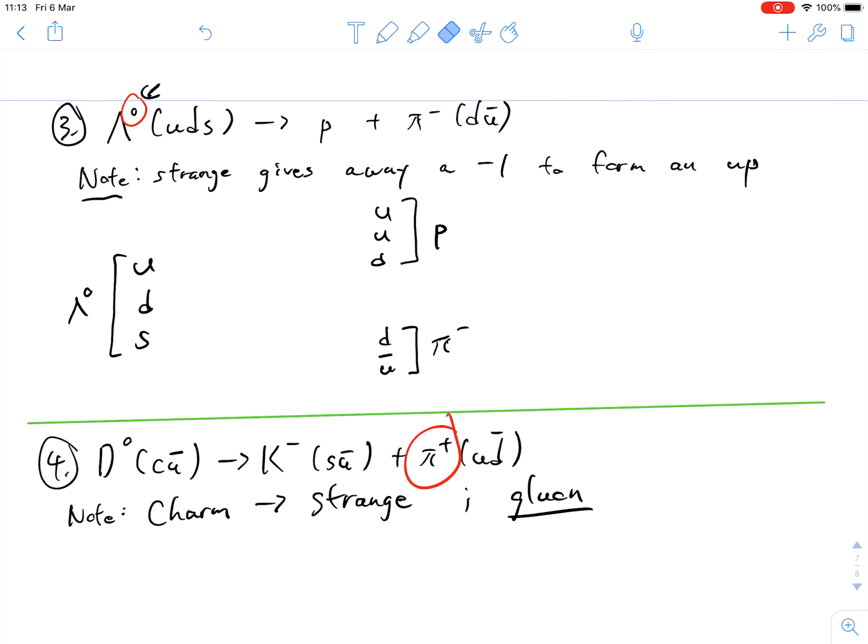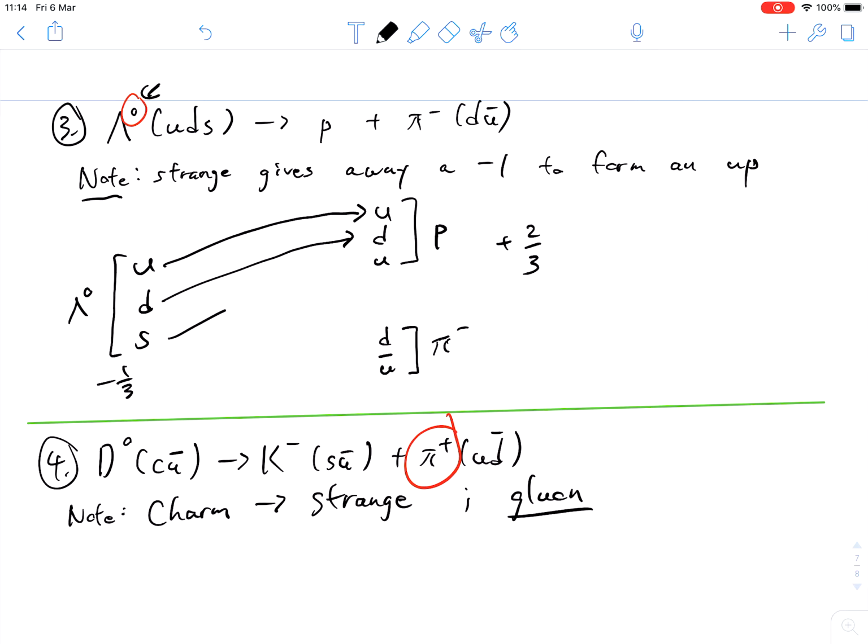So what's going on there is, I'm going to rearrange this a little bit. So I'm going to write down and then an up, okay? So up, nothing really happens to it. Down, nothing really happens to that. Strange, and this is going to sound strange. Strange is minus 1/3. Up is positive 2/3. So again, it's giving away a negative to become positive.